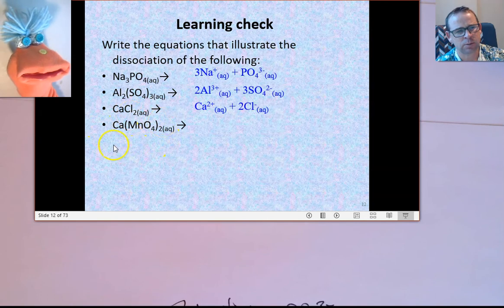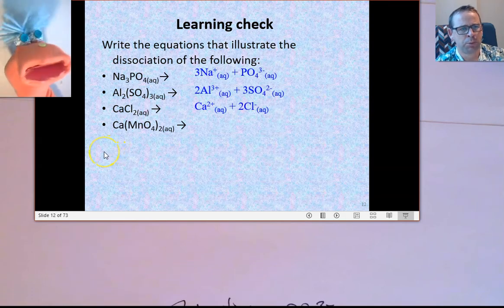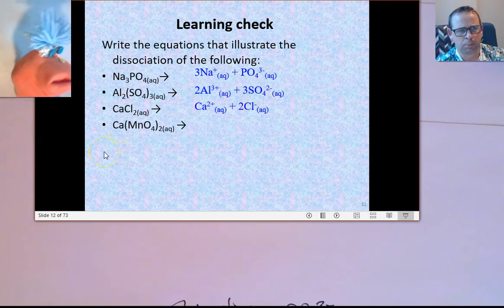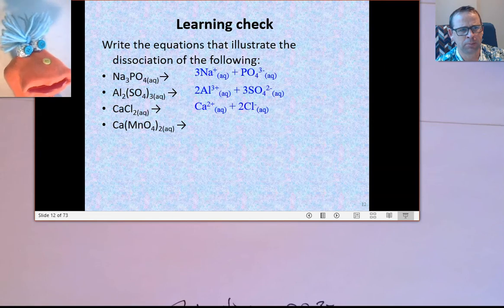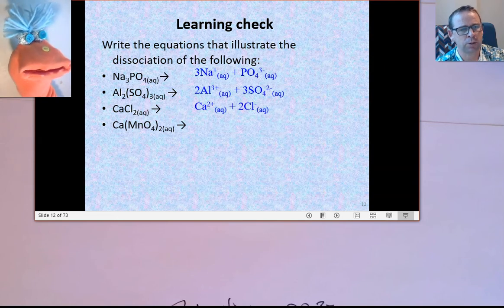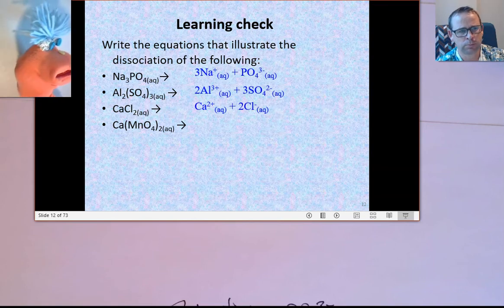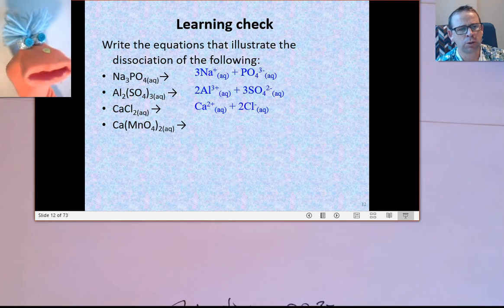How about this last one? What's this last one? Let me look it up. It's calcium permanganate. Very good. And what are the resulting ions? Calcium with a +2 charge, and then, let me look again, 2 permanganates with the -1 charge.